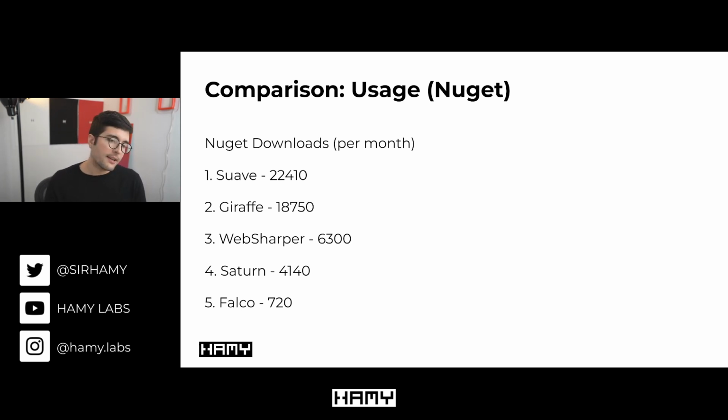The other thing going against it is that Falco is playing in the same space as Giraffe and Suave, going for these minimal performant APIs. And while Suave obviously has this performance issue, Falco really needs to beat Giraffe, I think, to do anything more than attract hobbyists. So yes, it looks like an outlier, but based on my information, I don't think it's odd that it's there.